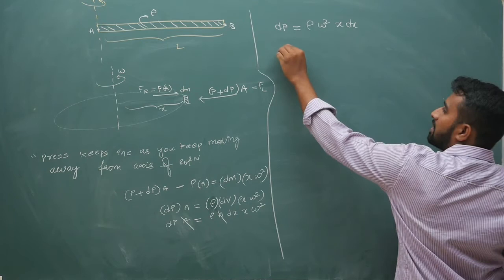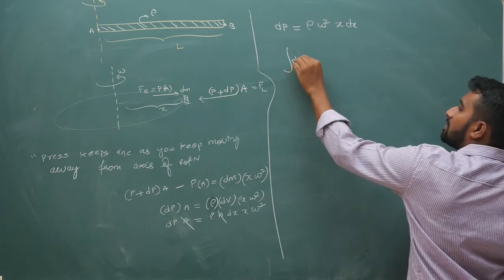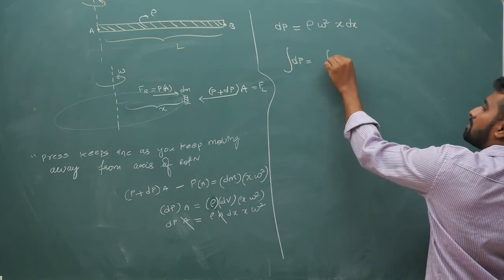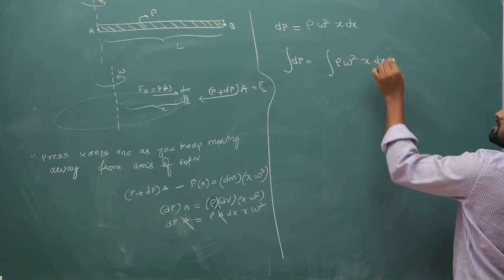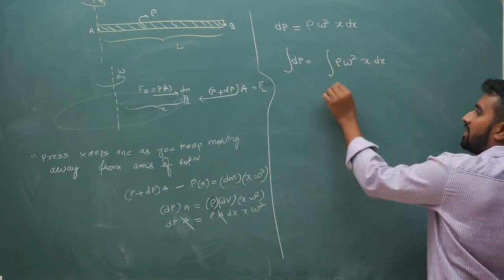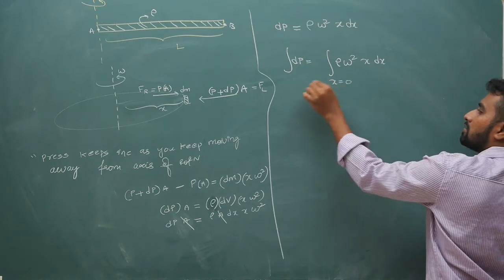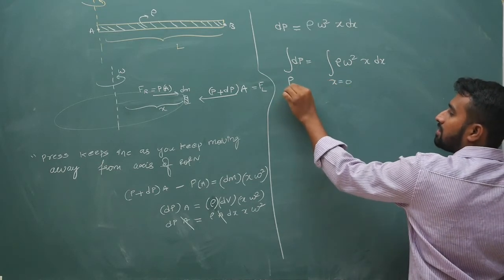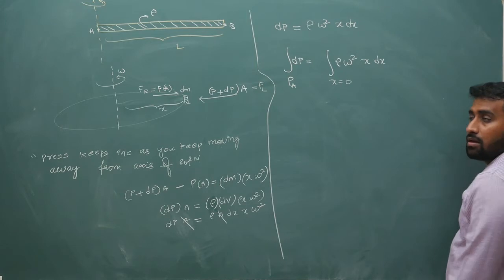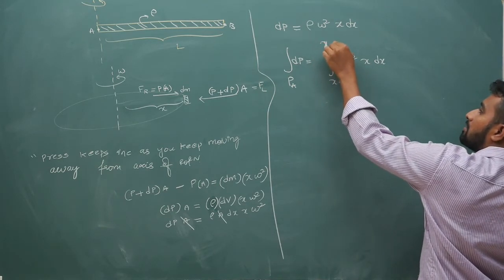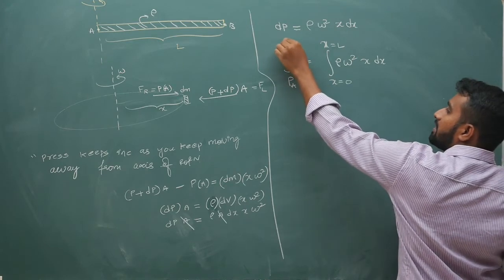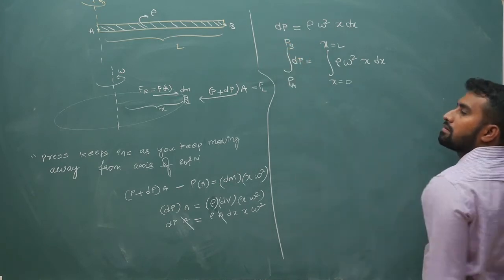Now you integrate on both sides. Integral dP is equal to integral of rho omega square times x dx. When x is 0, you have pressure at left end PA. When x is L, you have pressure at right end PB.